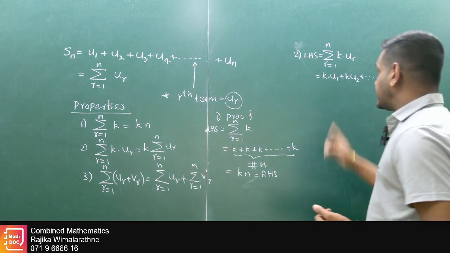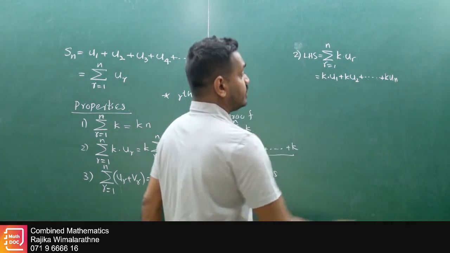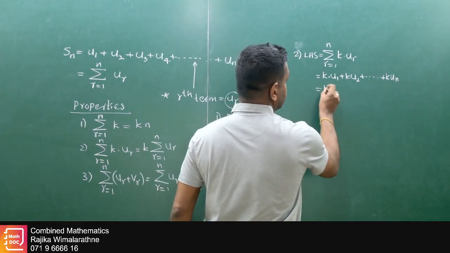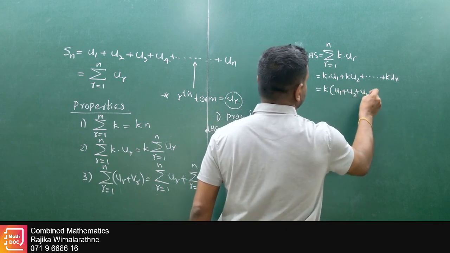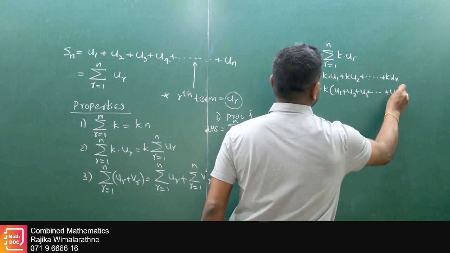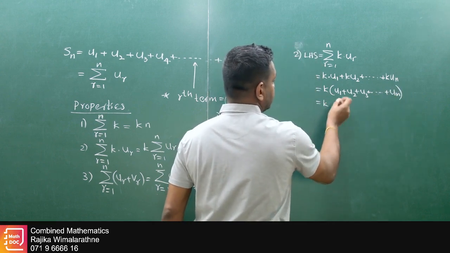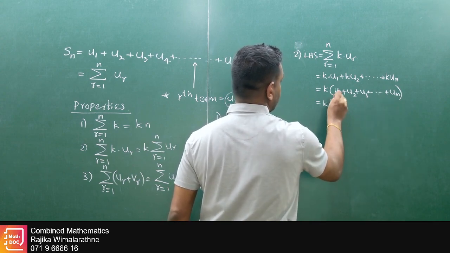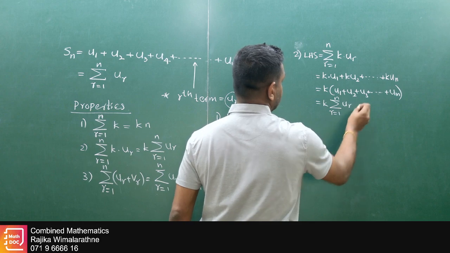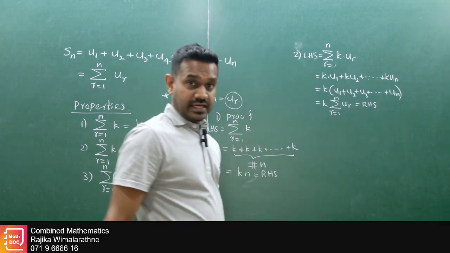Then you take k outside, then u1, u2, u3 up to un sum. Don't forget to put at least three dots. Then instead of this sum, you write sigma r equal 1 to n ur. That equals the right hand side. That's how we prove the second one.